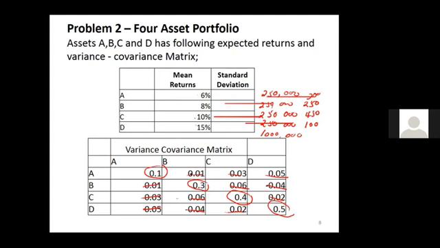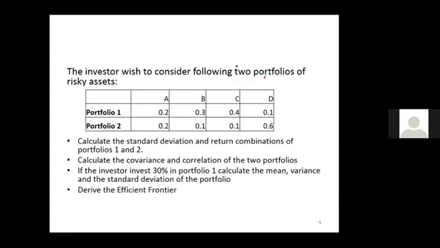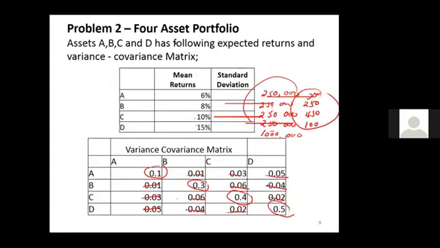Now the very simple thing we have to understand is that when you change these proportions here, this may be one particular portfolio, portfolio one. This may be portfolio one, portfolio A, portfolio B.